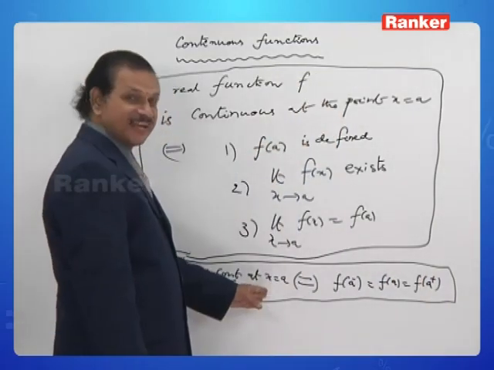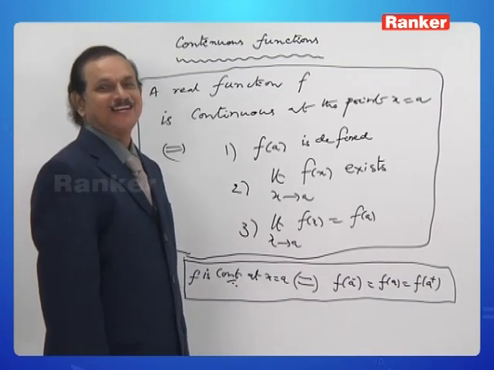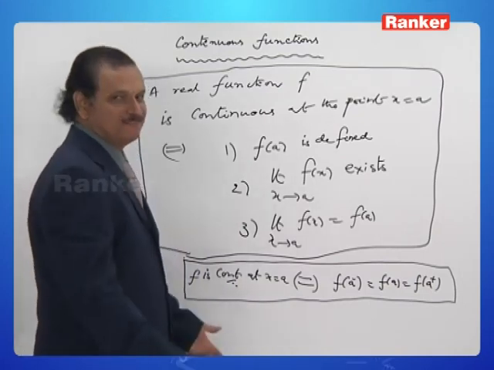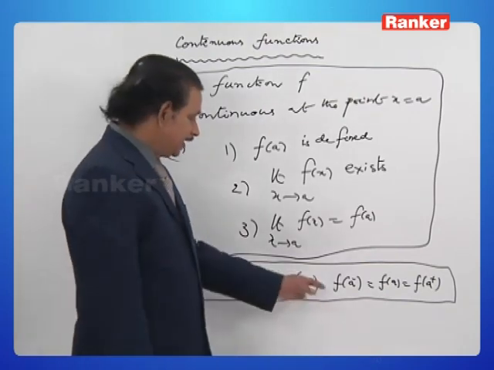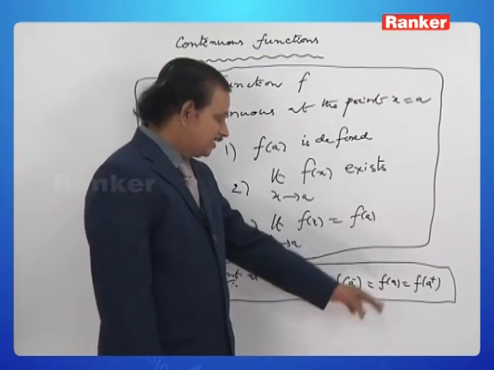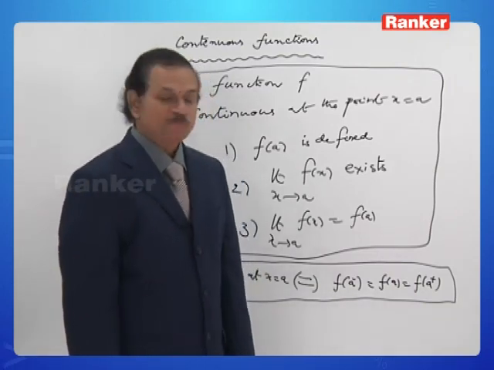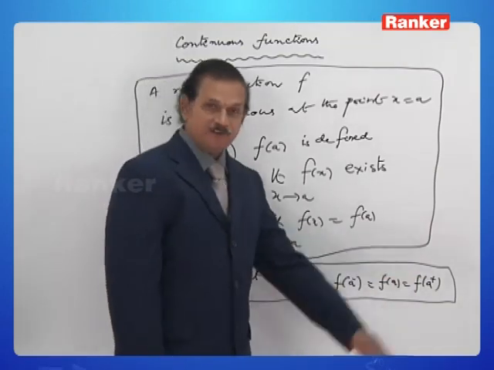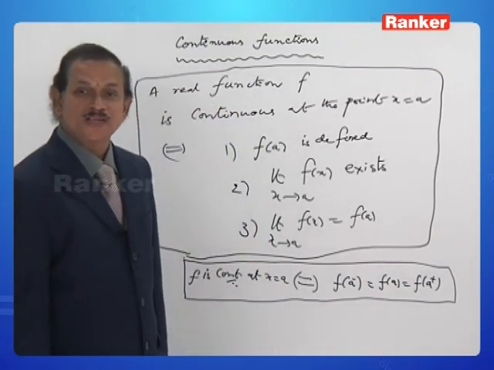This is a briefcase and this is a suitcase. According to the necessity, we use the conditions. You see, in this step, f of a is used. It means that f of a is defined. F of a from left and f of a from right are used. It means that those two do exist.